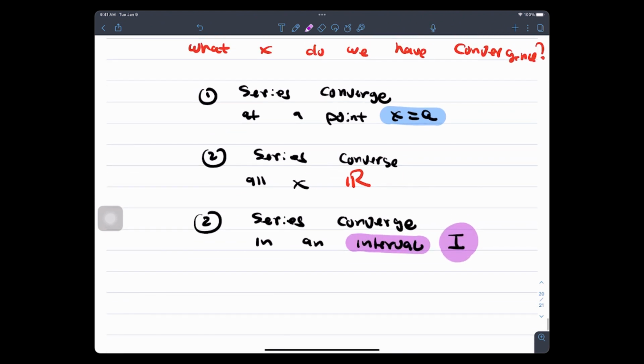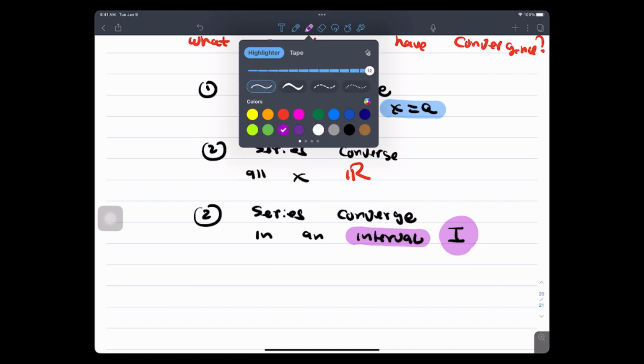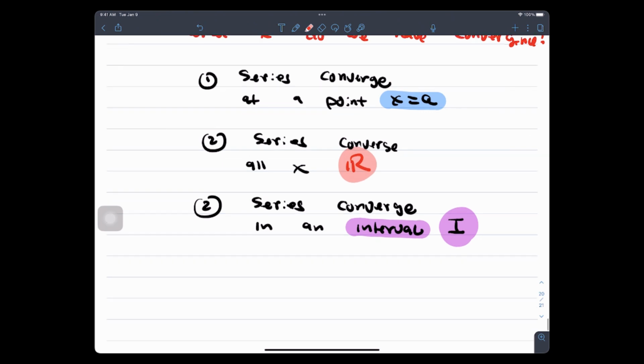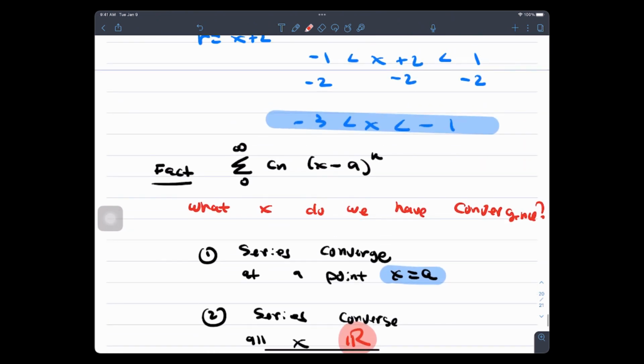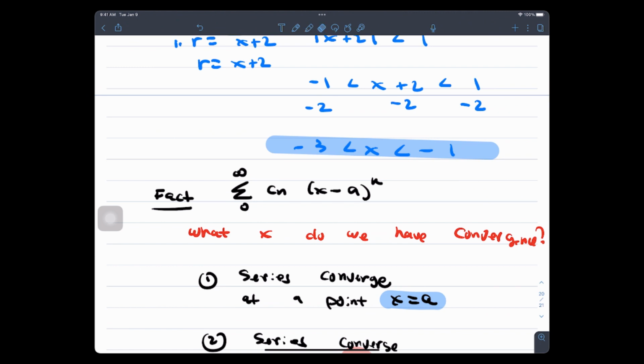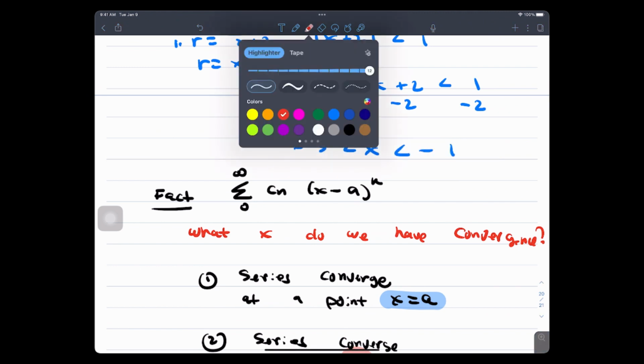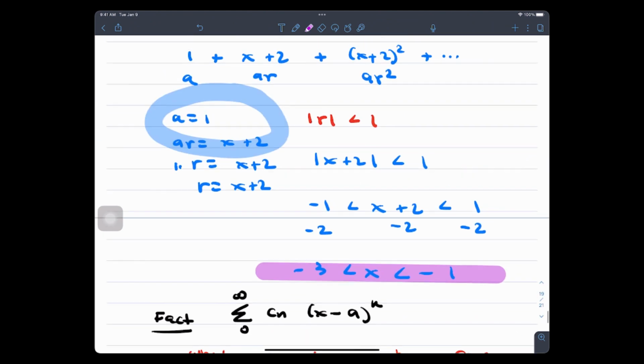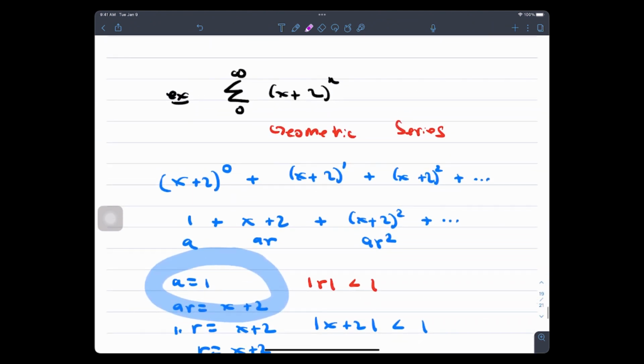So you either converge at a single point, you can converge for all real numbers, or for x values in an interval, right? You see this? This is the interval of convergence. It's your interval for this particular power series.